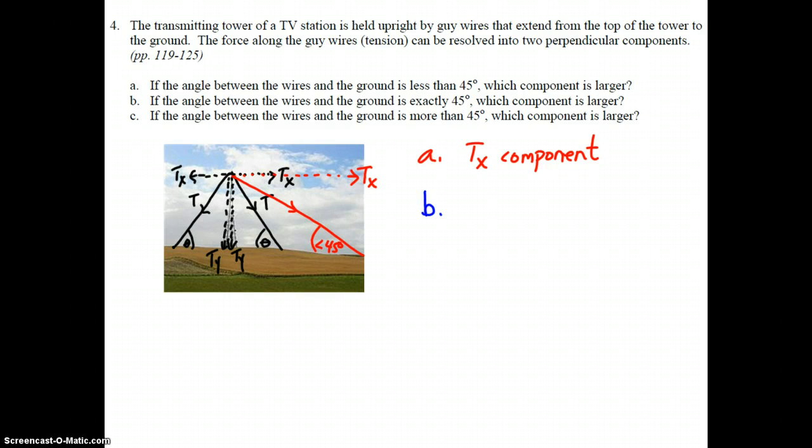I'll do the answer to B in blue. And then in B, we have that the angle between the wires and the ground is exactly 45 degrees. Let's try to draw that just as best we can. Okay, and so this angle is exactly 45 degrees. Which component is larger?